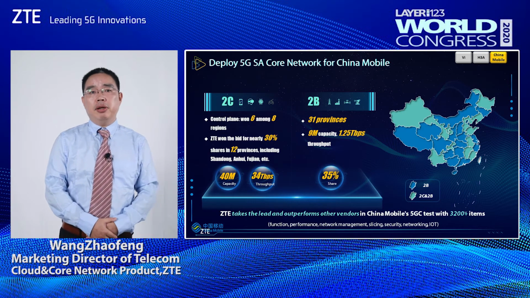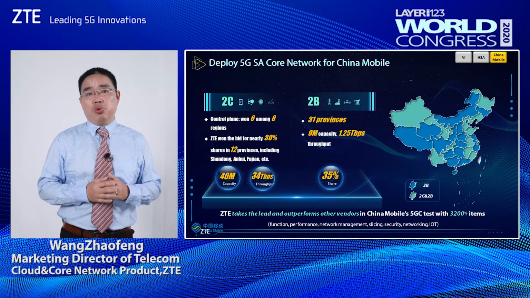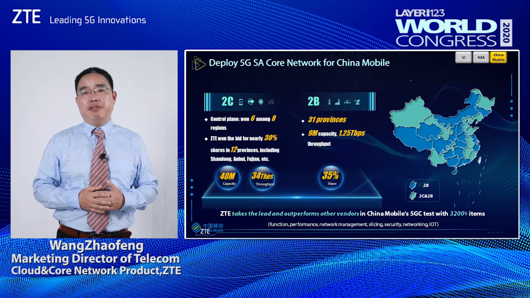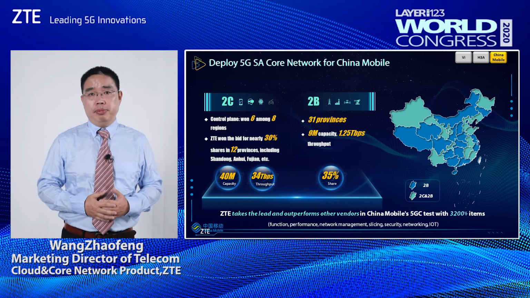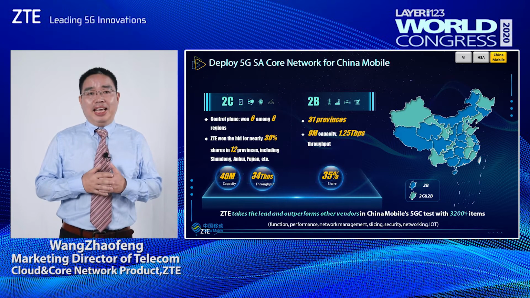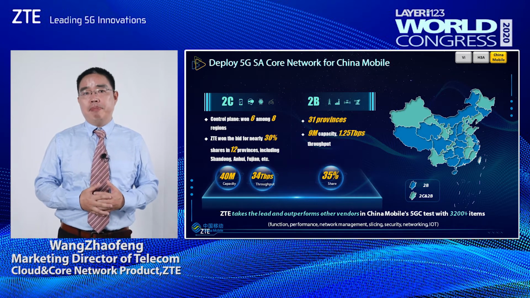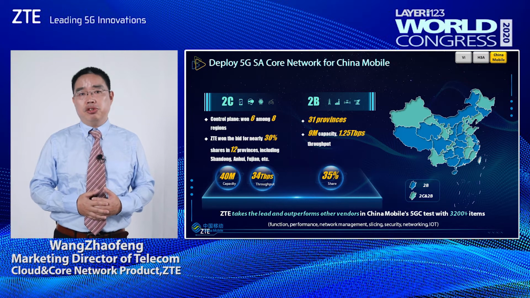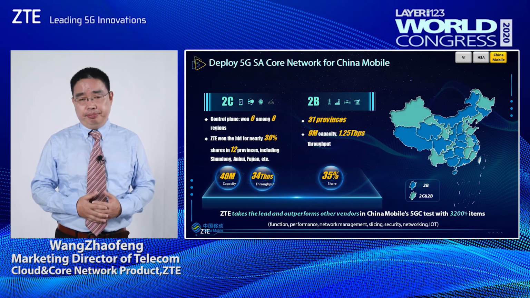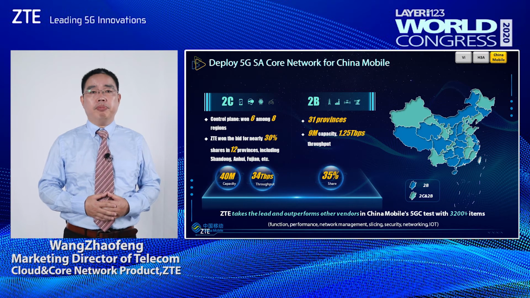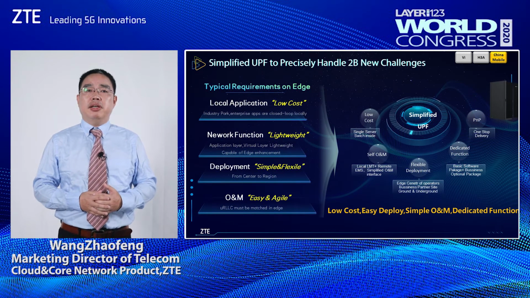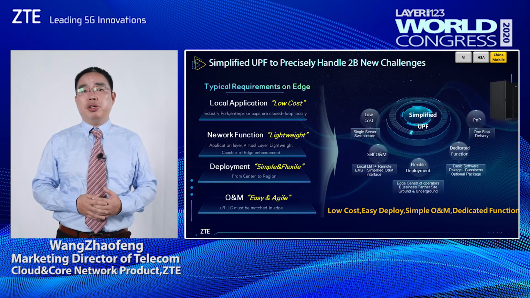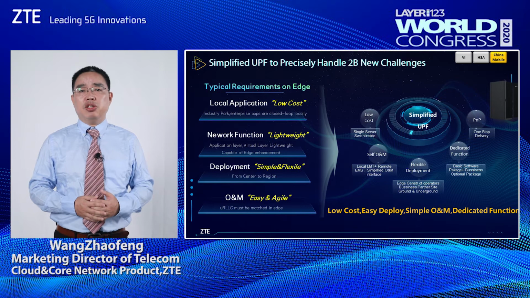During this project, more than 3,200 items of 5G tests were finished in function, performance, network management, slicing, security, networking, IoT, etc. Right now, there is a common idea that the future growth of 5G will be mainly in the industry area.